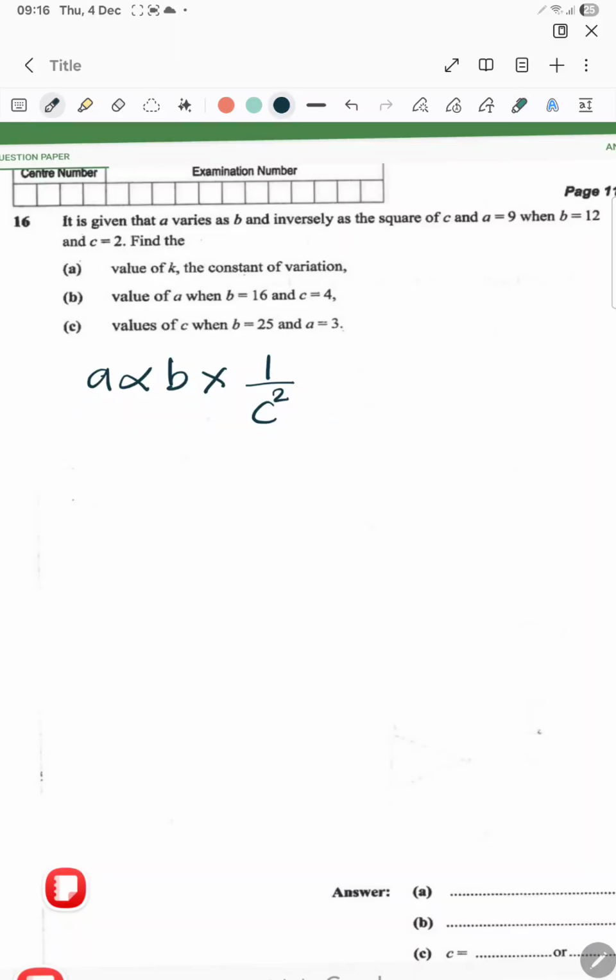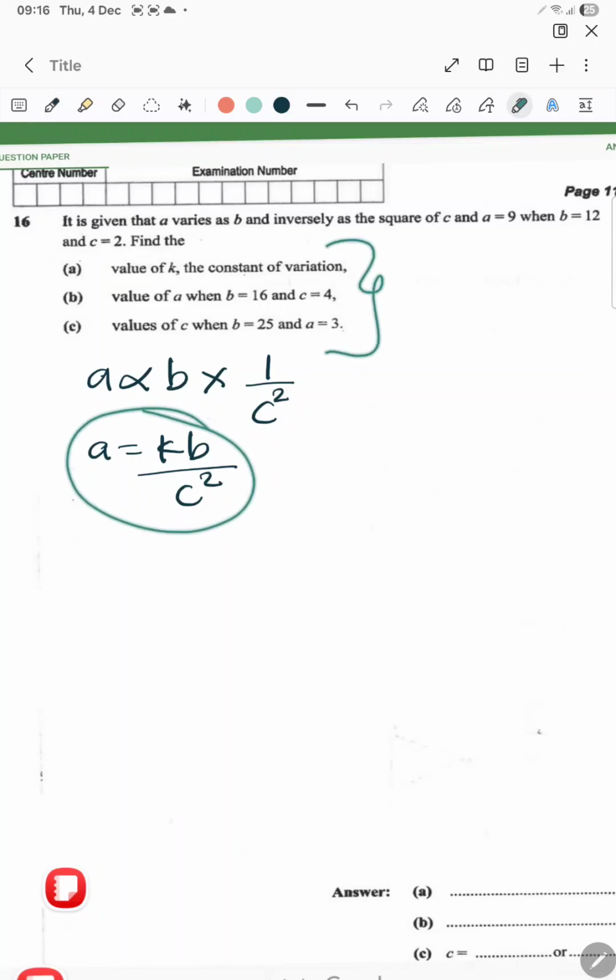So you say A is equal to, you introduce K to B because now we are removing the variation symbol for an equal sign. You introduce K here, it's going to be KB over C squared. That means this is the formula we are going to use in order to solve this question. All right, so let's go to our first question.